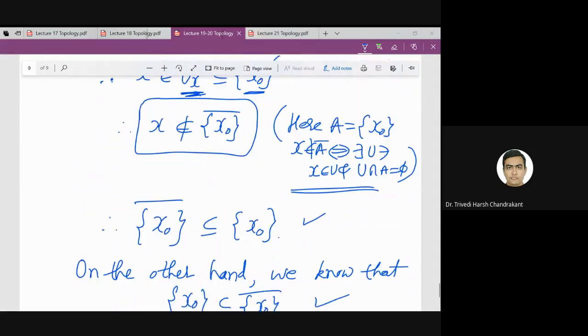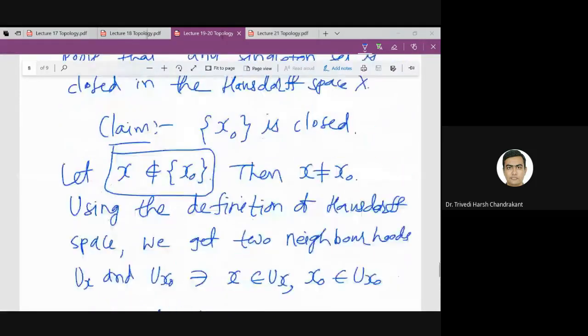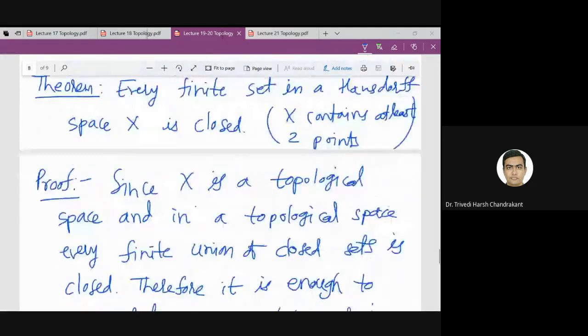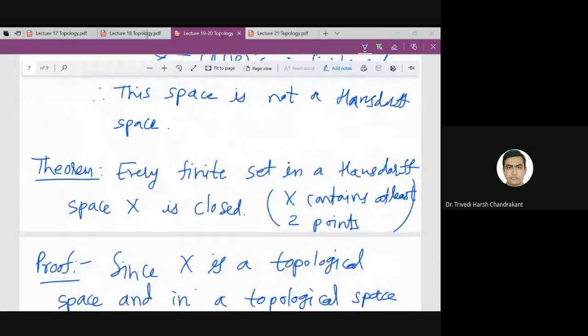So what we proved is that in every Hausdorff space a finite set is always closed.